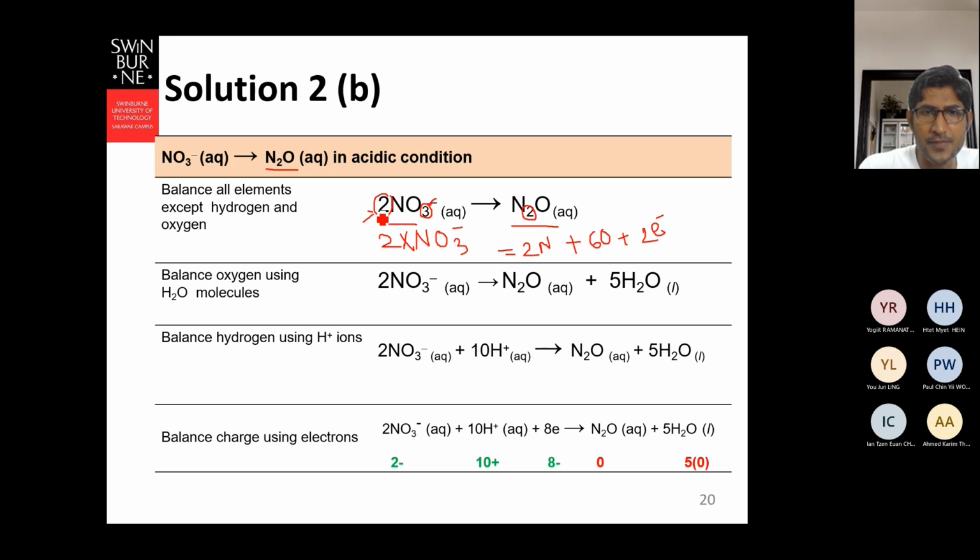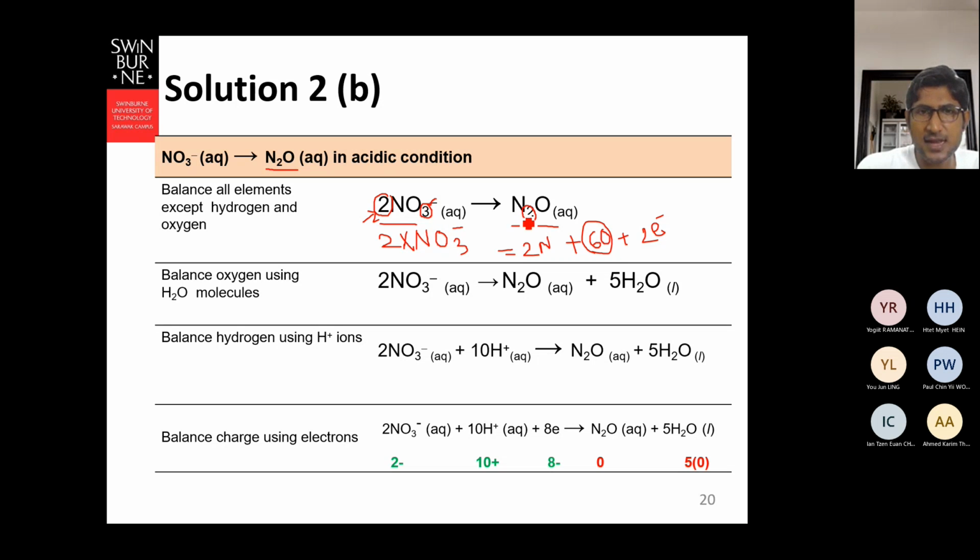So 2 of them will carry 2 charges, right? So I see that I have 6 oxygen here.